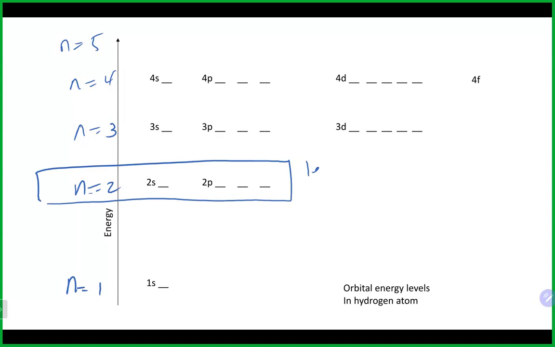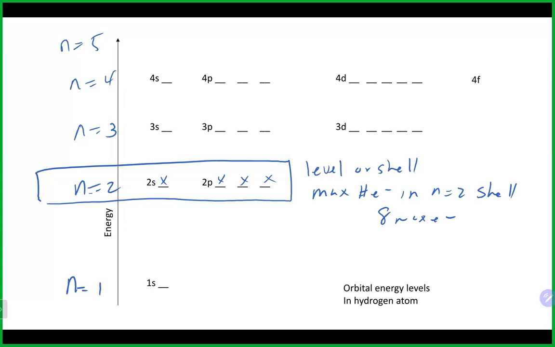So for example, if I wanted to know the maximum number of electrons in the n equals 2 shell, I could put 2 here, 4, 6, and 8. 8 maximum electrons.